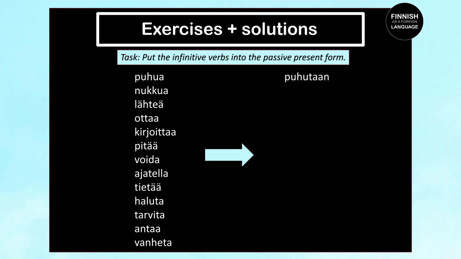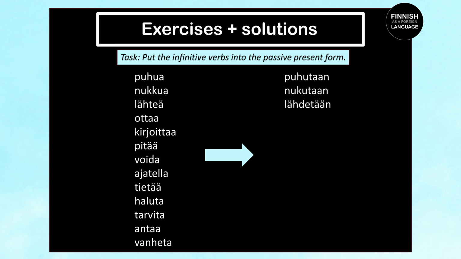Next one, nukkua, to sleep. The passive present is... Very good, it's nukutaan. Next one, lähteä, means to leave or to go away. The passive present is... Excellent, it's lähdetään. Next one, ottaa means to take.